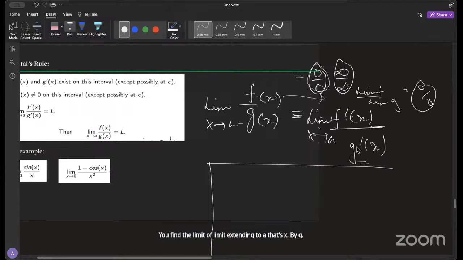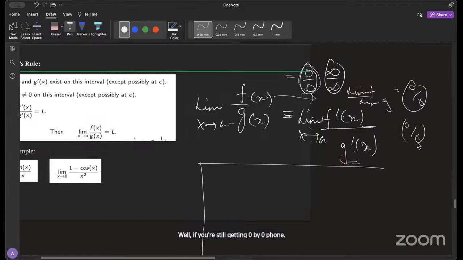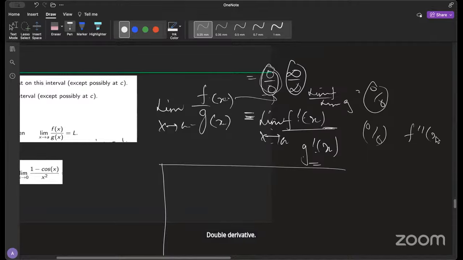Then you separate the limit over these two. Now, if you're still getting 0 by 0 form, take the double derivative, f double dash x by g double dash x, and then solve it and find the limit. Each time you get 0 by 0 or infinity by infinity form, move on to the next derivative.